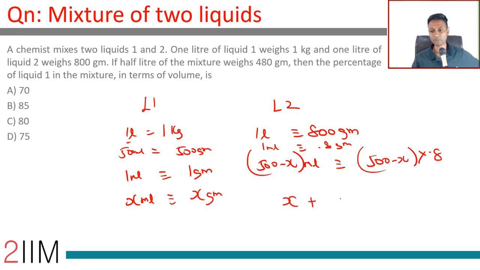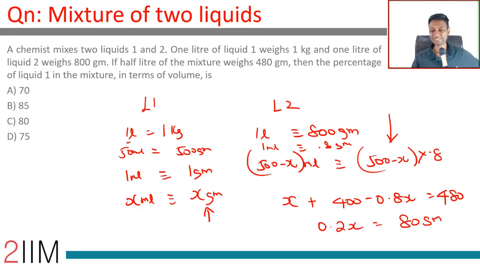I'm calculating the total mass: 500 minus x into 0.8 plus x. This is equal to 480. x minus 0.8x is 0.2x. 480 minus 400 is 80. 0.2x is 80 grams, or x is 80 into 5, 400. Wonderful. So now x is 400.